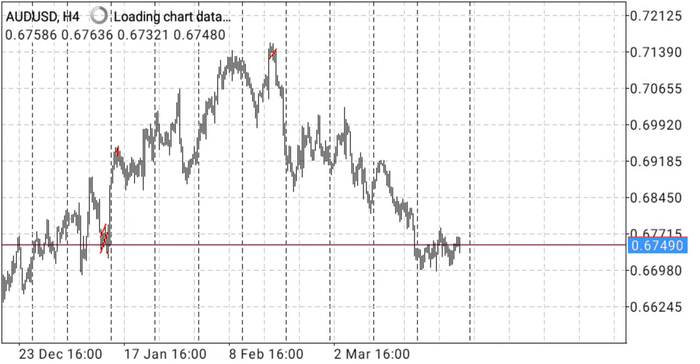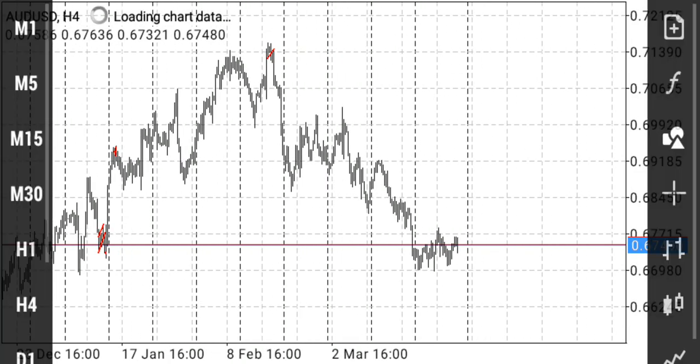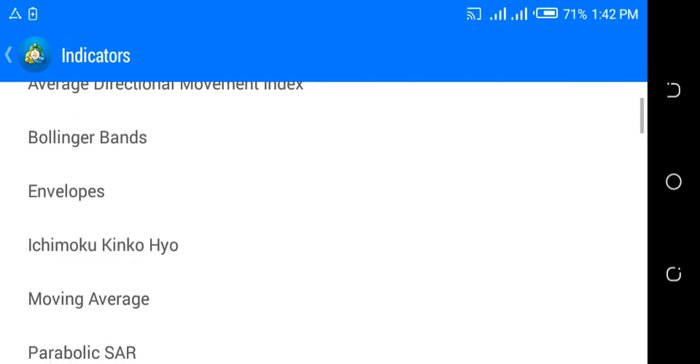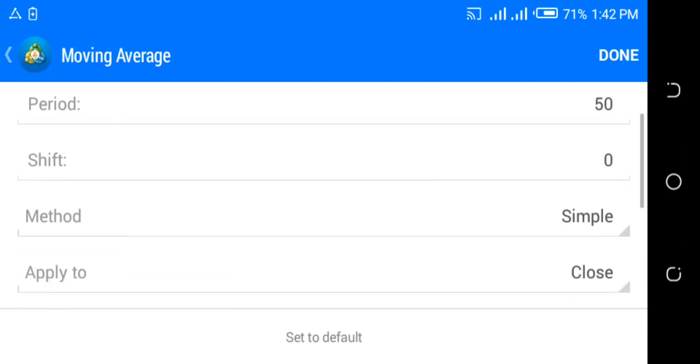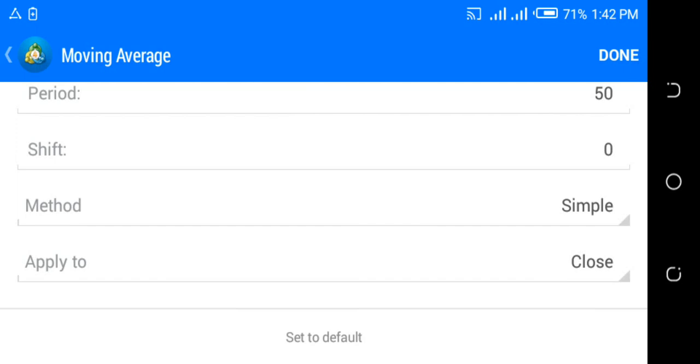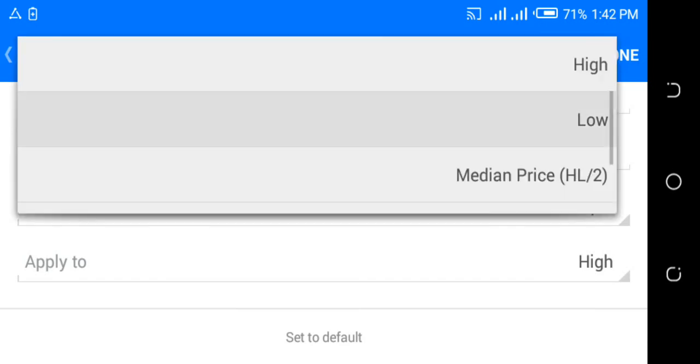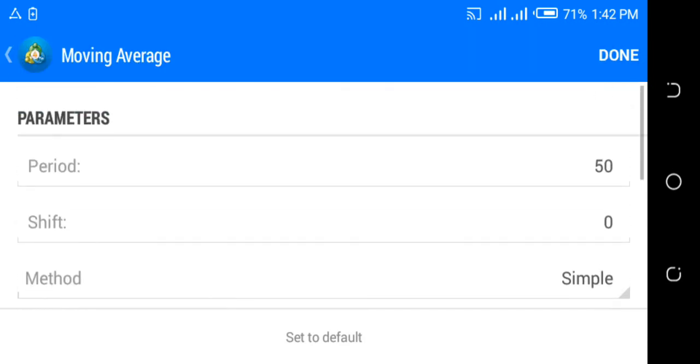Let's get started on how to get the moving average. Simply click here and we move down to moving average. There's something you need to do here: you always leave the moving period on 50 and the mode simple. This is MT4 that I'm using to explain this video. Apply in low, mode, period 50 also.